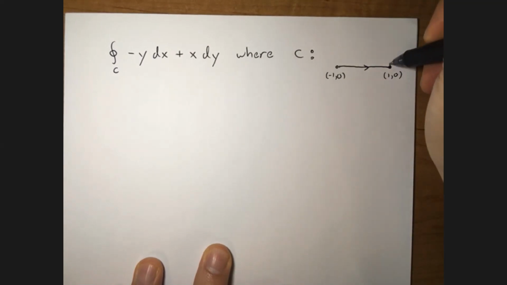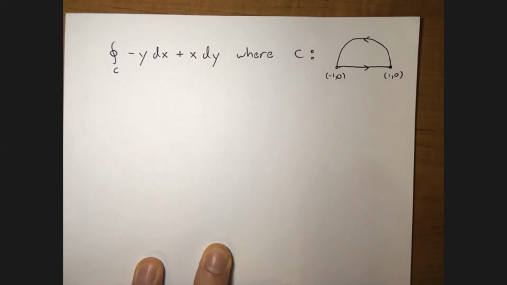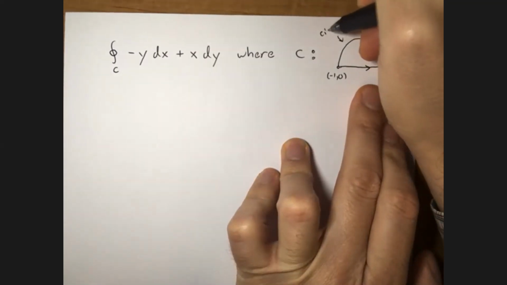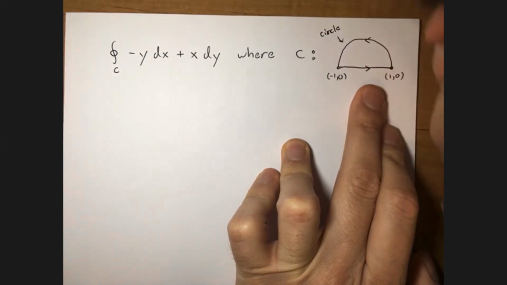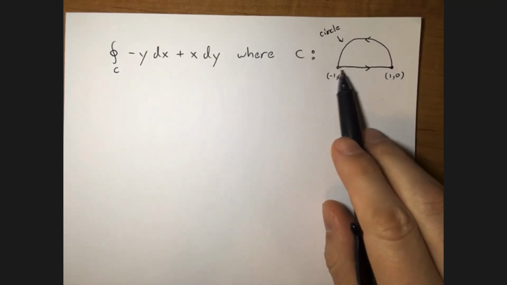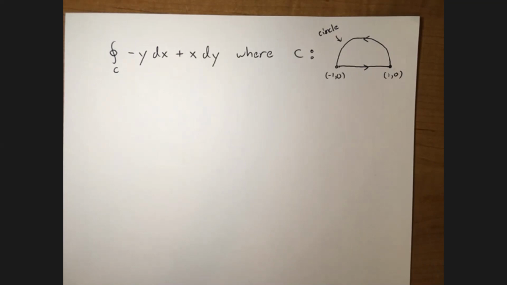And then we're going to come back along the top half of a circle. Okay, so this is a circle here, and I've oriented it counterclockwise. Went this way and then back up this way. So we're just going across this semicircle.